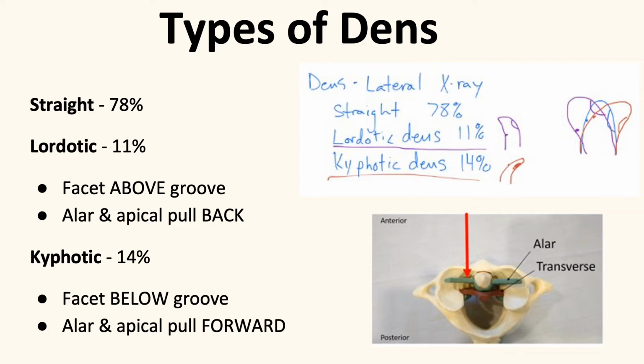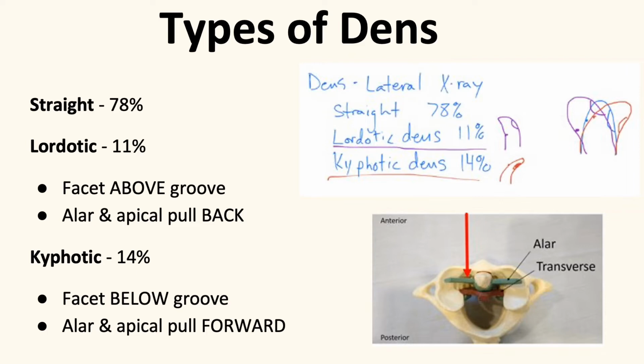You also want to know that lordotic is about 11% and kyphotic dens are about 14%. So kyphotic dens are a little bit more commonly seen according to Mr. Mortar's book. However, know that for this try. Later you'll learn other information.